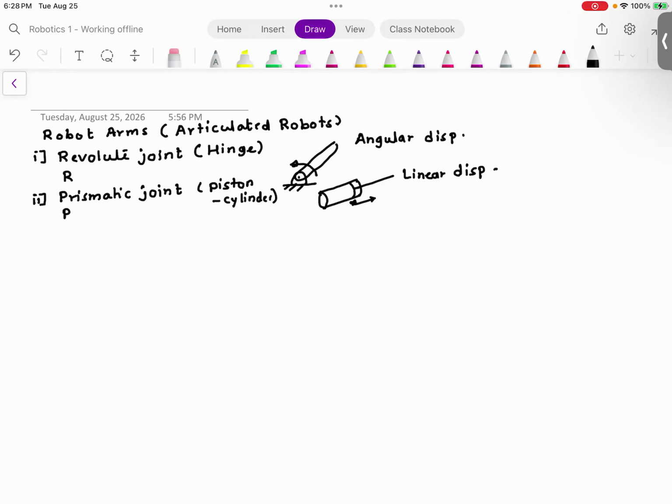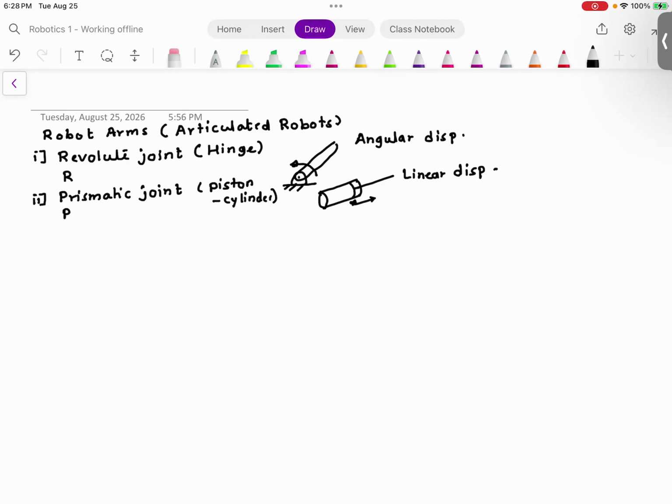Now you can have a very complex robotic system, but at the end of the day, that complex robotic system can be decomposed into a combination of revolute joints, prismatic joints, and links. For example, the robot that you have in front of you, which would be similar to the robot that you'll be using for the lab, you have your first revolute joint, you have your second revolute joint, and then you have your third revolute joint.